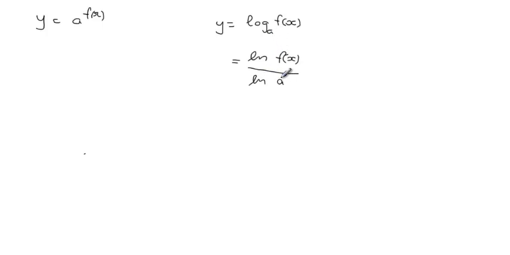This is how we should do it. Now, if that is the case, then this is actually our y. Now, if I want to differentiate y, you must notice that you have got y equals 1 over ln a multiplied by ln of f of x.